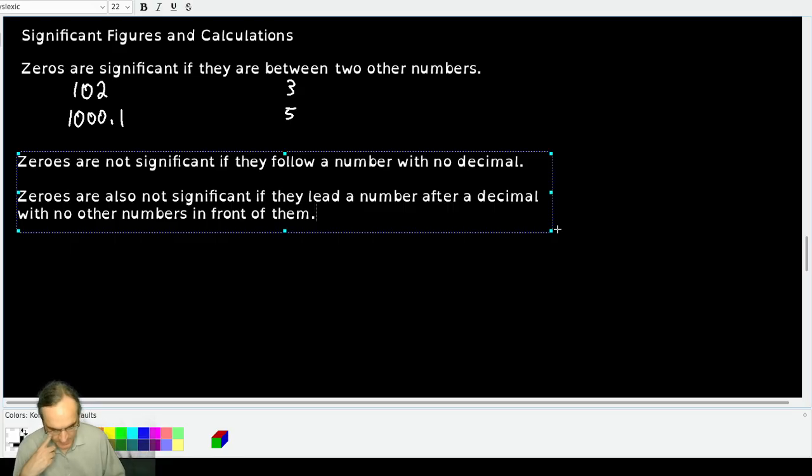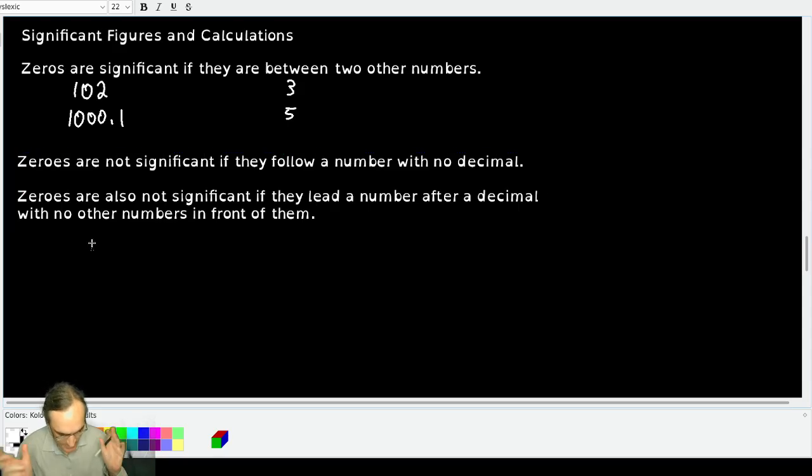And so these are the trailing zeros are not significant, leading zeros are not significant rules that you may remember from learning about significant figures and how to turn things into scientific notation.